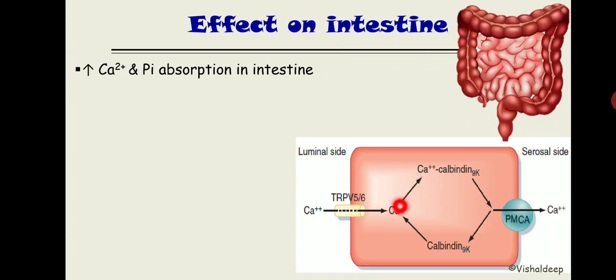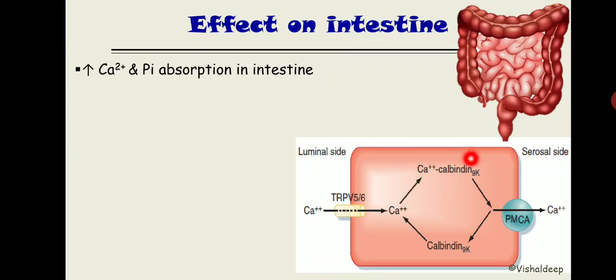Now once the calcium reaches inside the intestinal cell, this calcium will bind with a binding protein known as calbindin 9K, and make this calcium-calbindin 9K complex, and it will eventually decrease the actual amount of free calcium inside the cell. So this gradient will be maintained, and this calcium is ionized calcium, so it has a tendency to alter the cellular physiology.